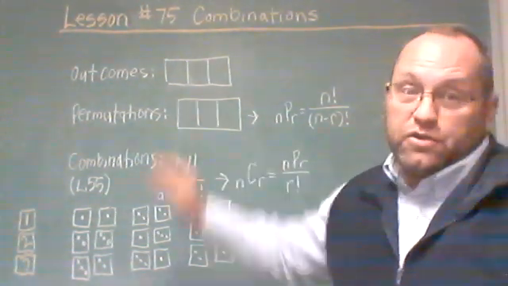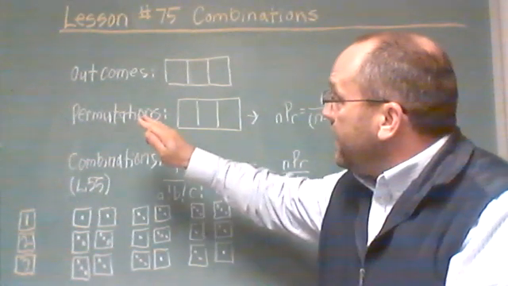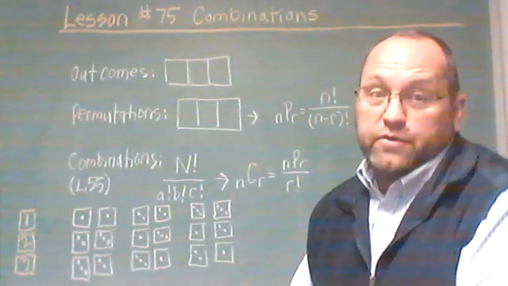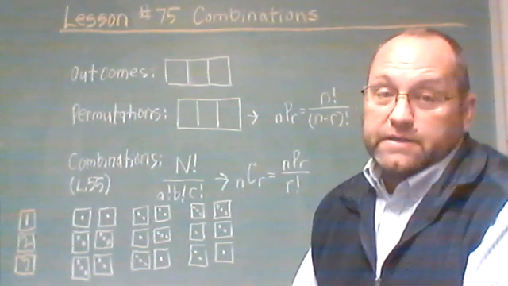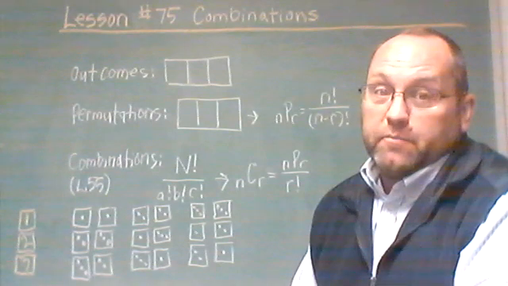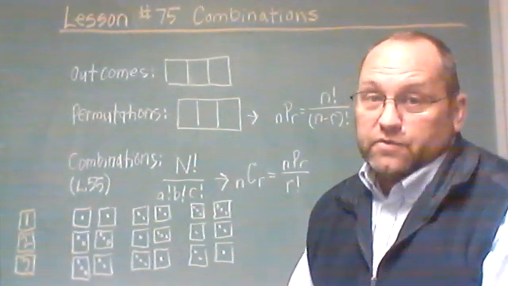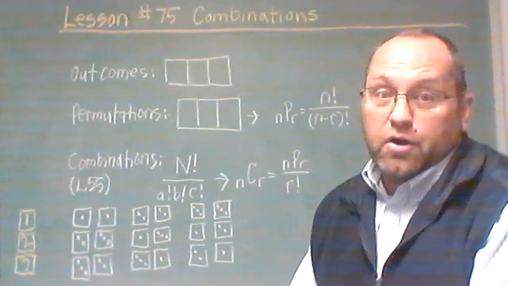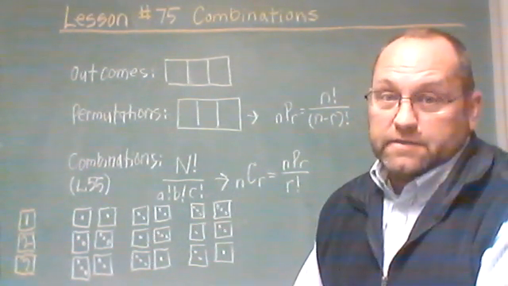Just definitional-wise, to keep things straight: I've identified outcomes, which was introduced as a term in your statistics project. We'll get to it in the next lesson involving probability. It's just how many events can occur in a given situation.